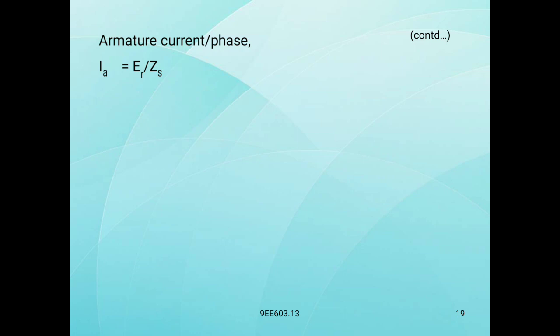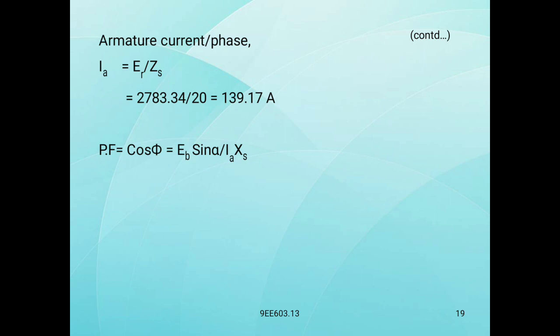The armature current per phase is IA is equal to ER by ZS, that is 2783.34 by 20, which is 139.17 amps. Now the power factor, the cosine of the angle between the voltage and armature current: cos phi is EB sin alpha by IA XS.